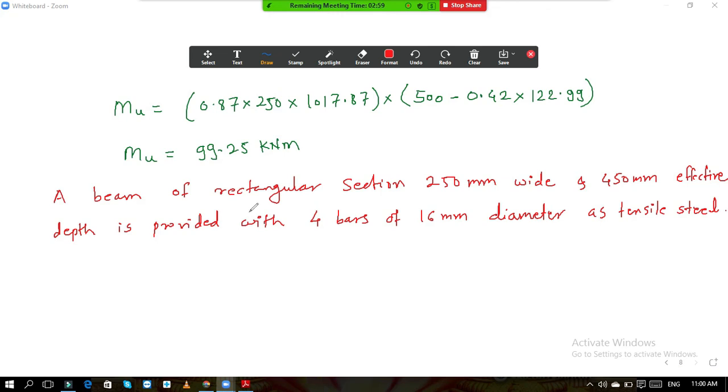Find the depth of neutral axis and the ultimate moment of resistance. These are very easy problems.